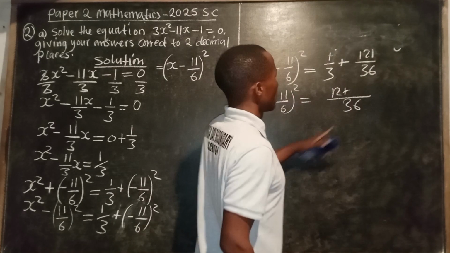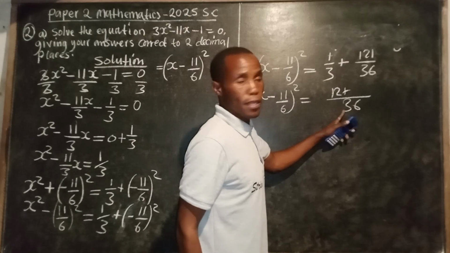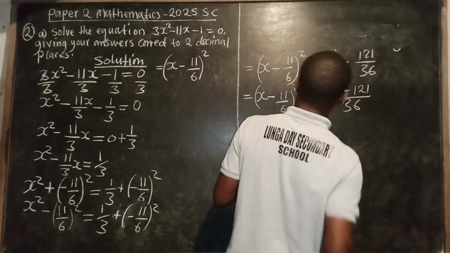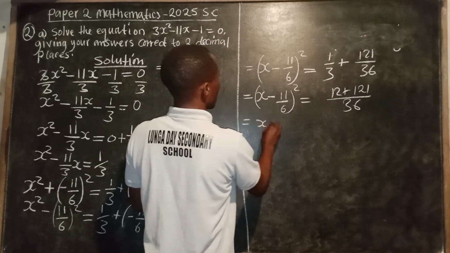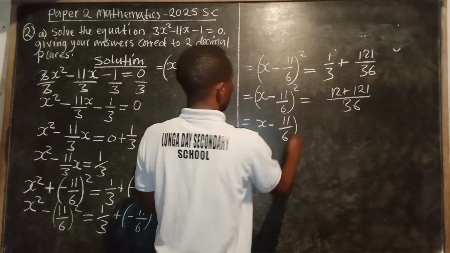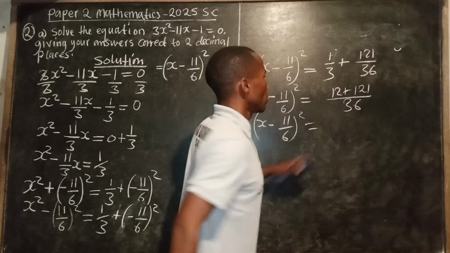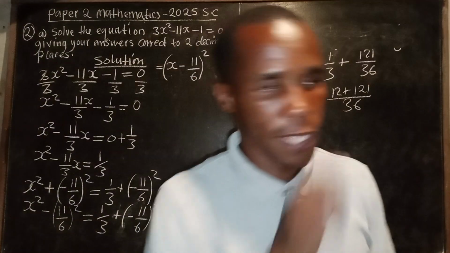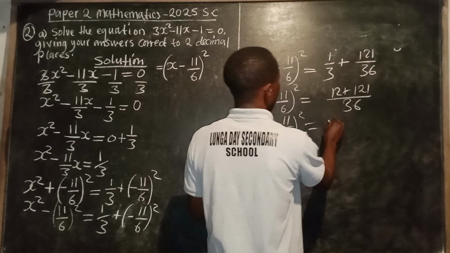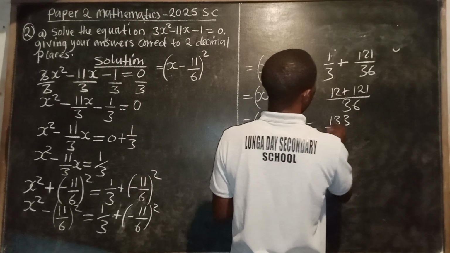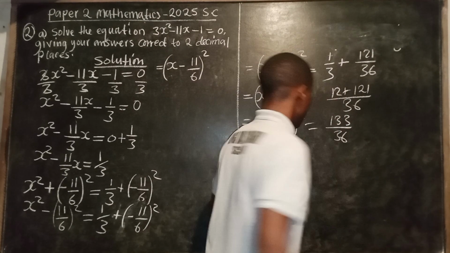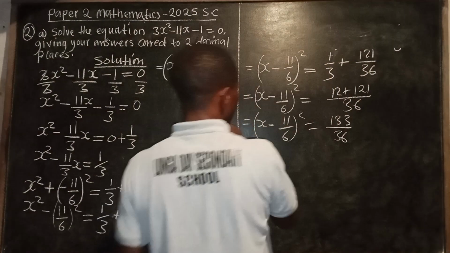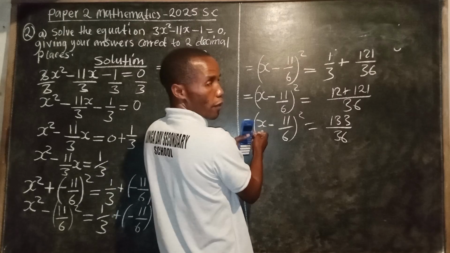Then plus 36 into 36, 1 times 121, we are going to have 121. So x minus 11 over 6 squared is equals to 121 plus 12, which is 133 over 36.